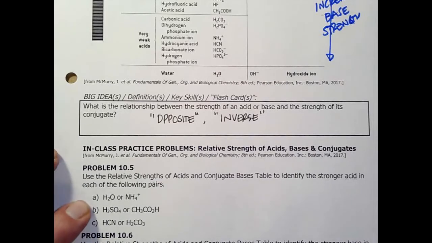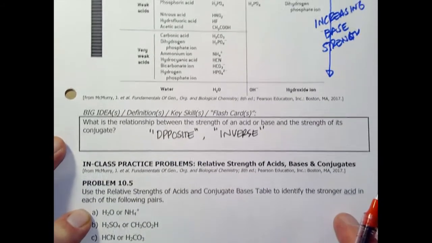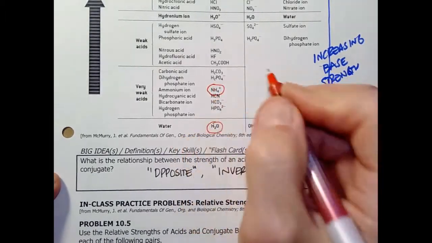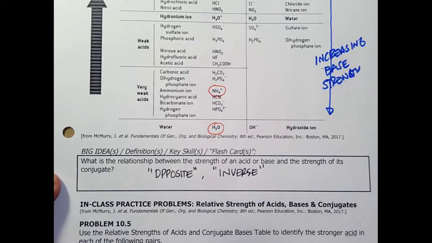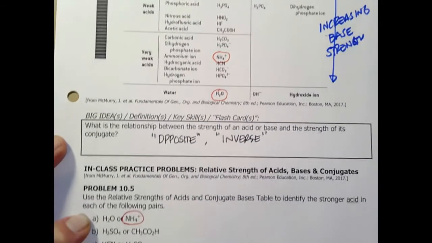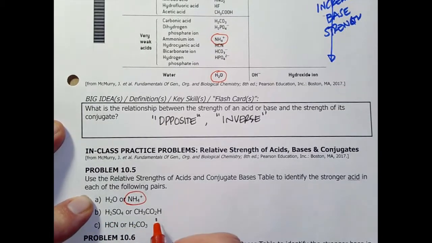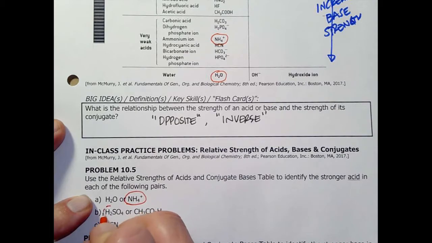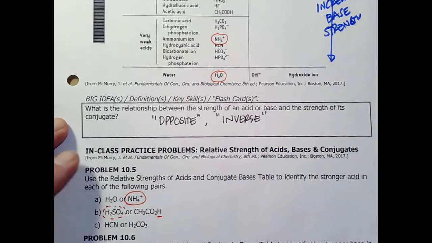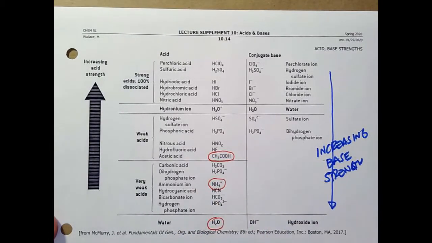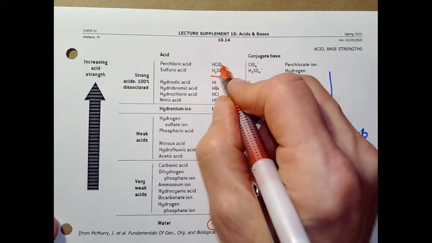So if I look at water versus NH4, ammonium, there's water, there's NH4, stronger acid NH4. Sulfuric acid or acetic acid. Now again, this is that acetic acid where the convention is we put the H on the end. I apologize, it just happens. Well, I know sulfuric is a strong acid, so I don't even have to look this up, but for completeness, there's acetic acid, and of course, H2SO4.